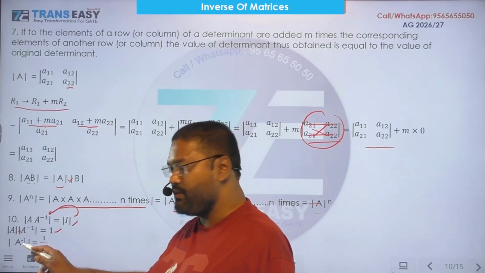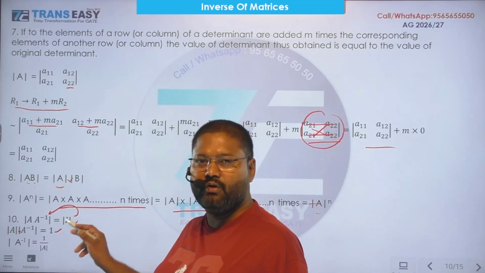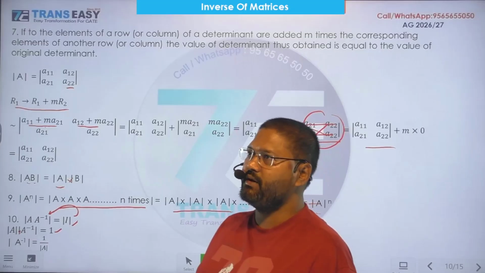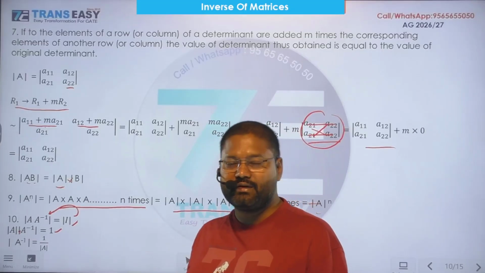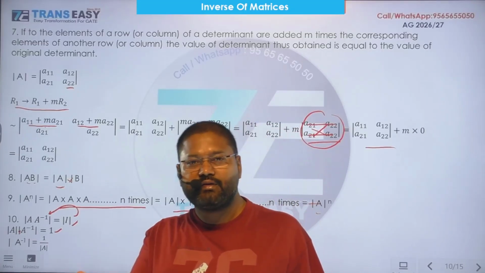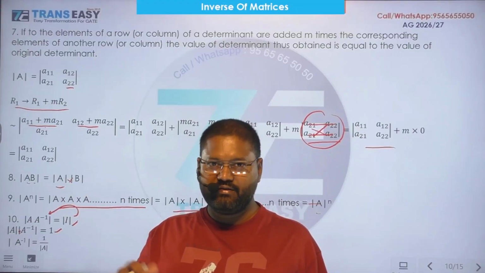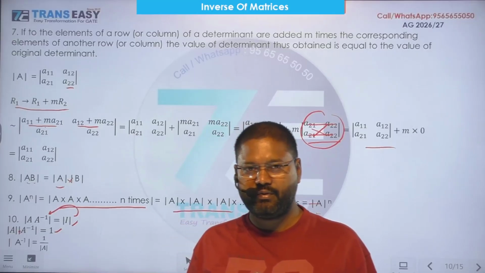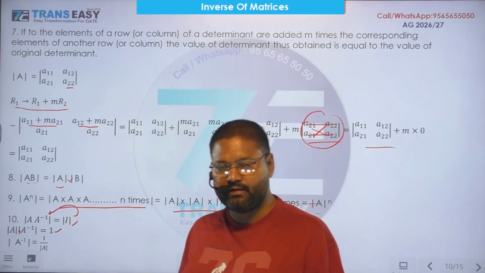So here determinant of A inverse is equal to 1 upon determinant of A. अगर इन्वर्स मैट्रिक्स का डिटर्मिनेंट पूछा जाएगा तो आप इन्वर्स नहीं निकाले, आप उस मैट्रिक्स का ही डिटर्मिनेंट निकाल लीजिए और उसका इन्वर्स कर दीजिए, 1 अपॉन द वैल्यू ऑफ डिटर्मिनेंट ऑफ ए. ठीक है.